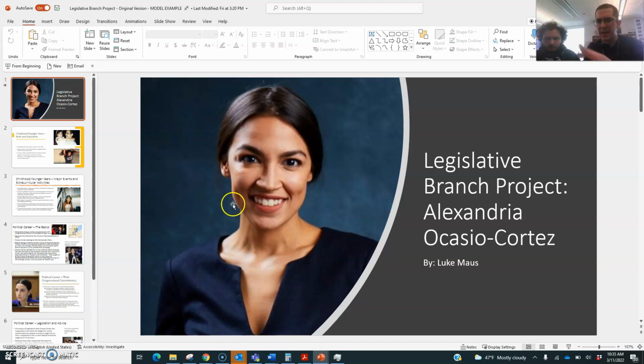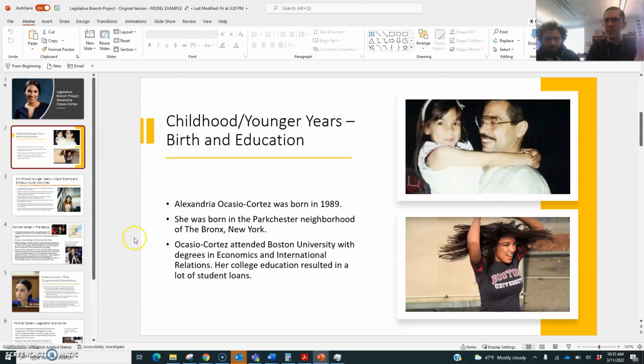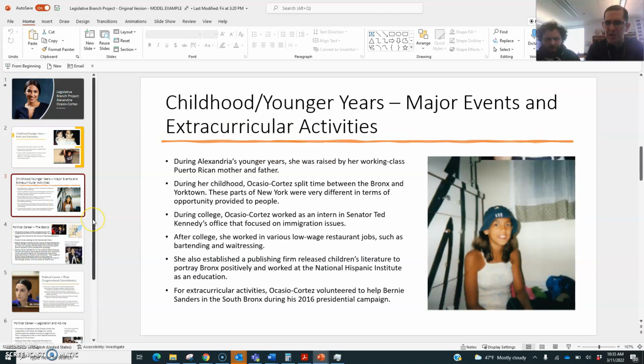You can see we have a picture of her along with her name on the very first slide. You can see that we provide information about her childhood and younger years, about her birth and education. You can see that we have some additional information about some major events and extracurricular activities that Ocasio-Cortez participated in.